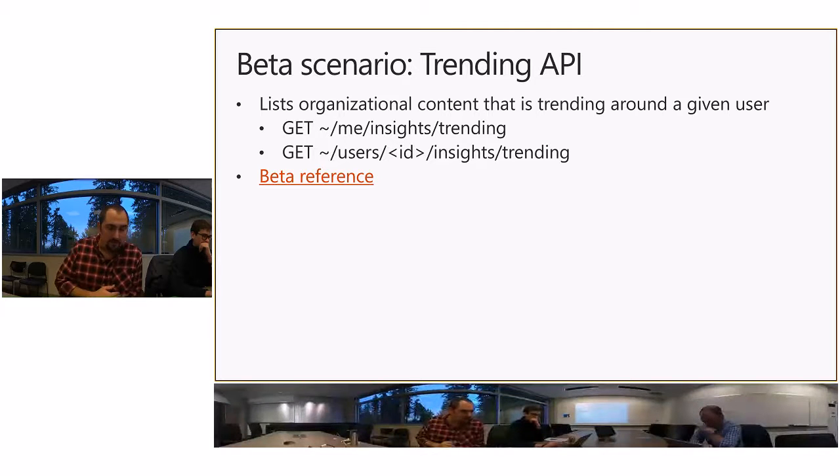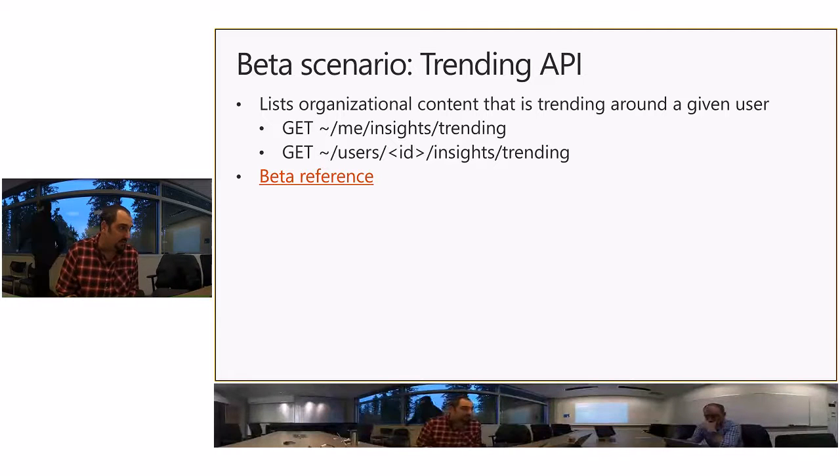So to start off with this scenario, I'm going to go over the trending API. It's in beta right now, and the trending API gives some information about the artifacts that are trending around a user. So what documents, what files a user is accessing, is sharing, is being read by others.